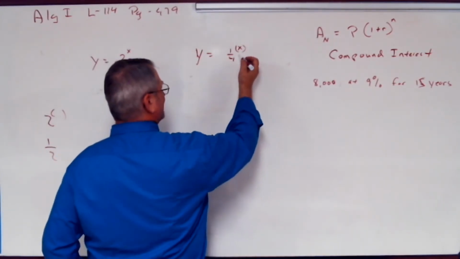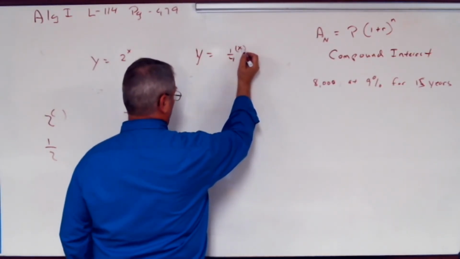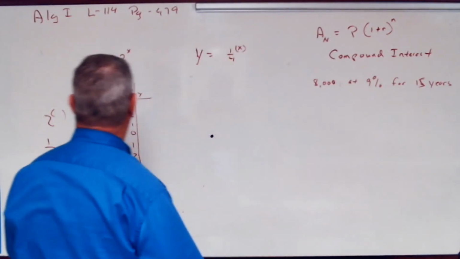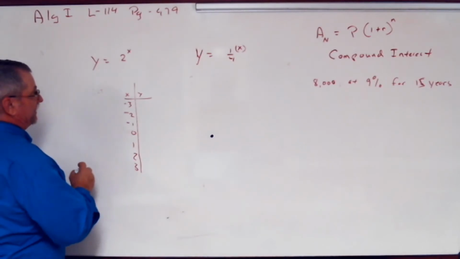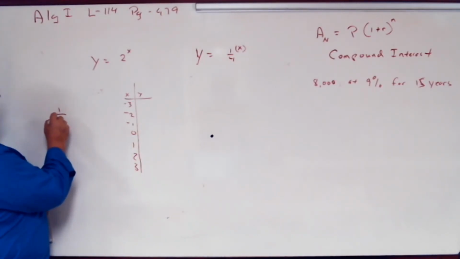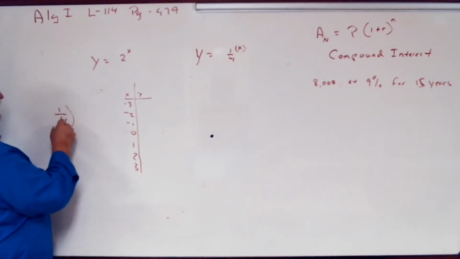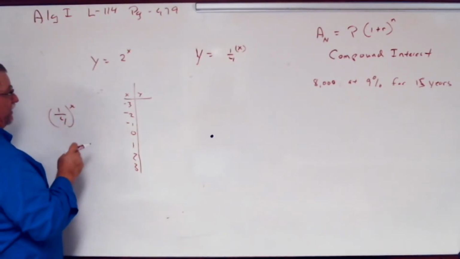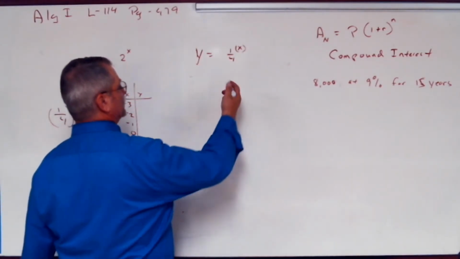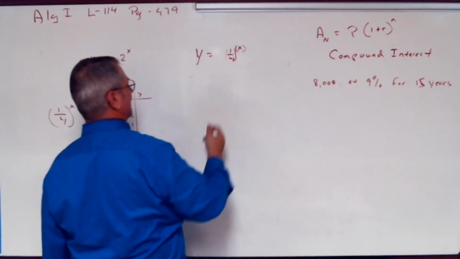So the exponent goes right here. So we've got y. That's what we're going to get out. We have 1/4 to the x power. It's this to that power.